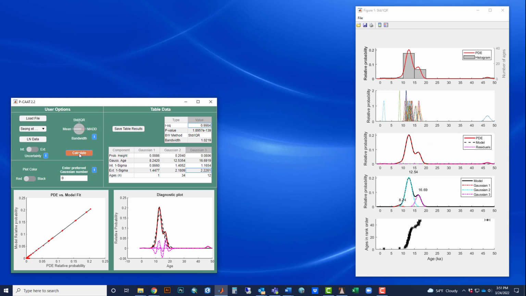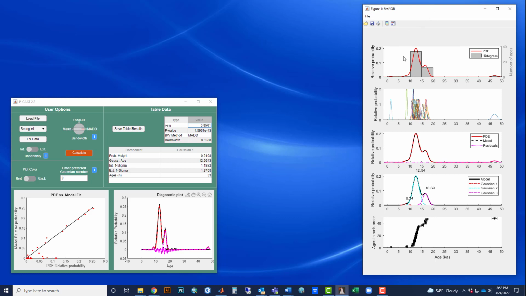So let's try MAD. Okay, and again we have another failure. Lots of dispersion. Looks like we missed the main part of a peak again right here. So not great. Very happy that one estimator was able to solve this. High density of data. You can see there's lots of ages, well over 40.